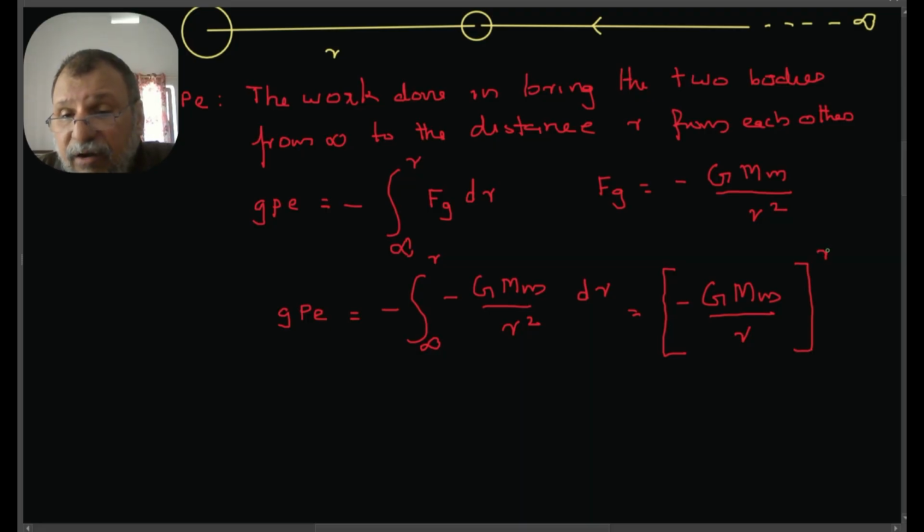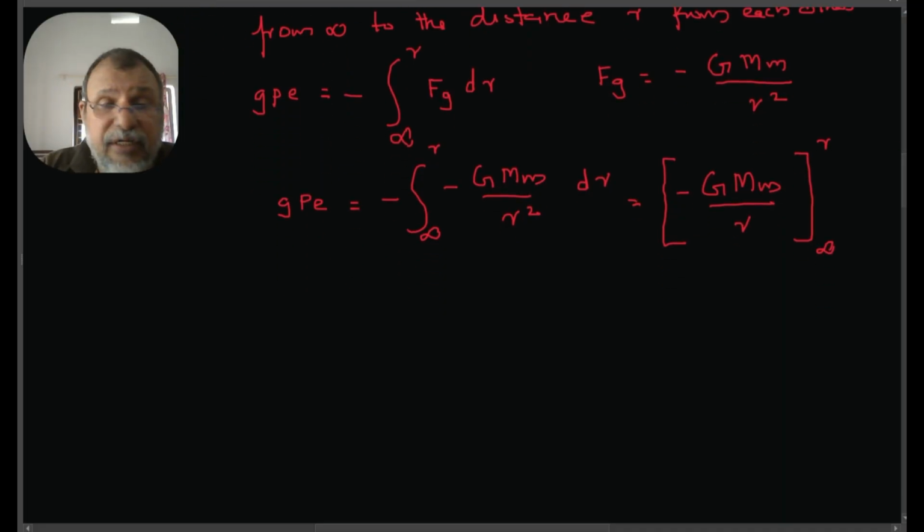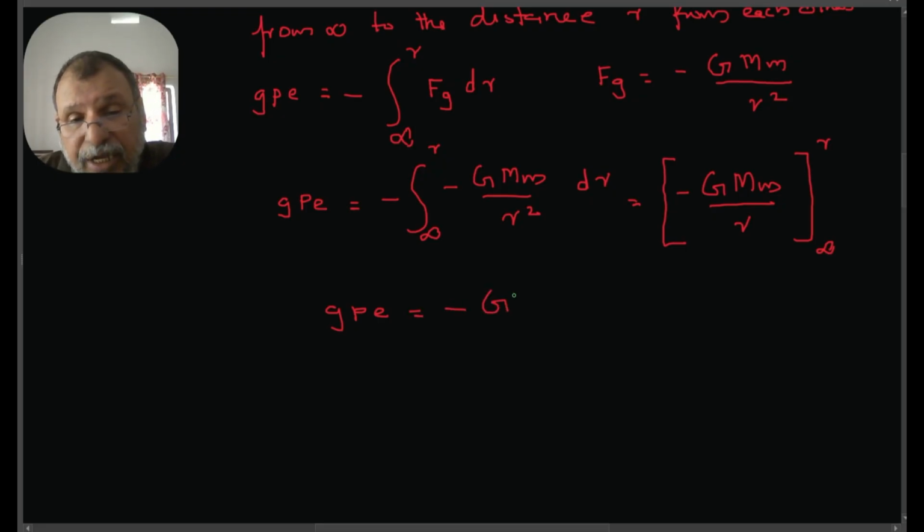So when you apply the limits, you will get the expression: the gravitational potential energy of the system is given by negative GMm over r.